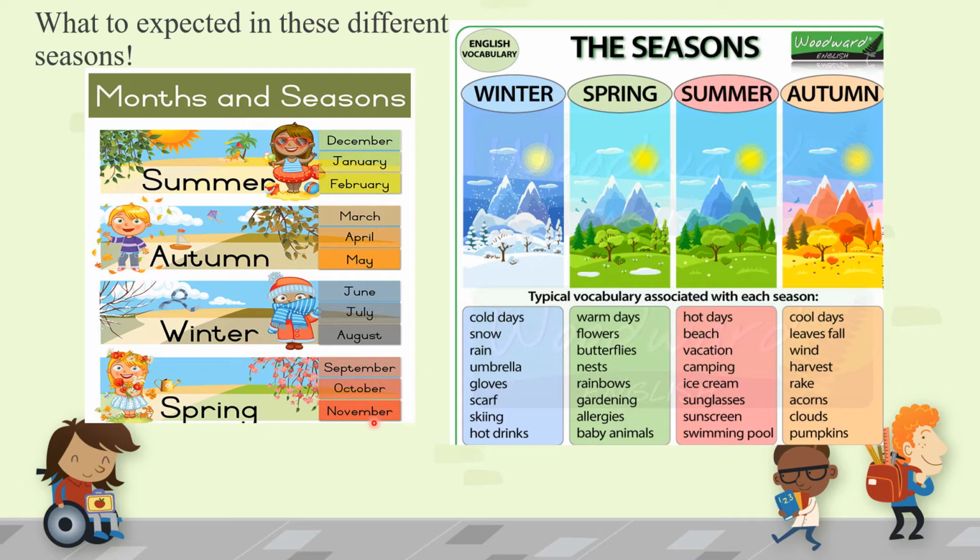For spring, if you were born in September, October, and November, you know there are a lot of warm days, butterflies, cocoons just turned into butterflies, rainbows, gardening, and a bit of allergies because most flowers have bloomed out their pollen.